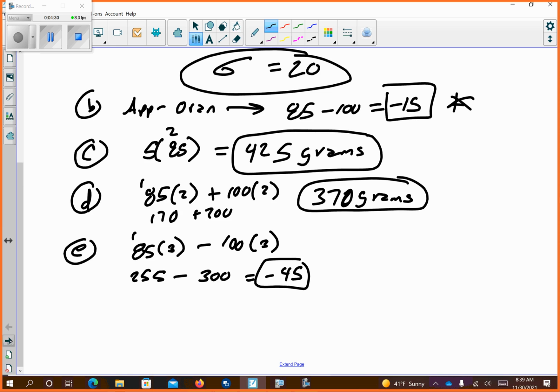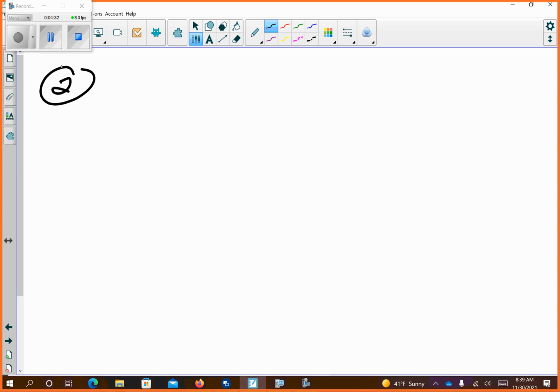Okay, so now we get to number 2, and it says, create shaded bell curves and calculator commands for each. Okay? So, 1 apple and 1 orange selected. What is the chance that the apple is greater than the orange? Okay, so I can do this.